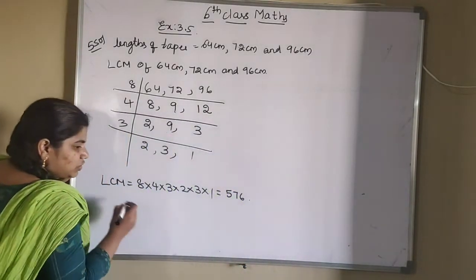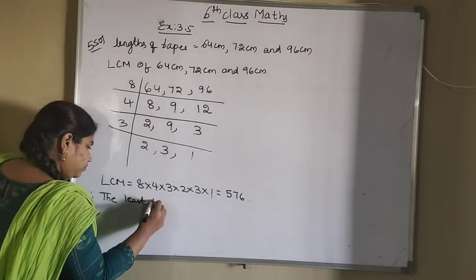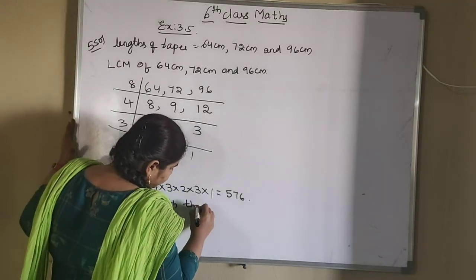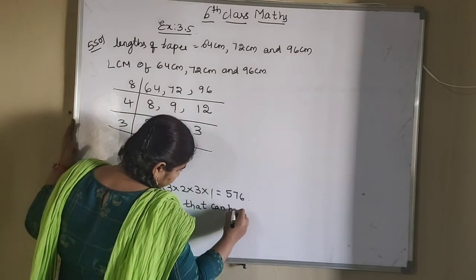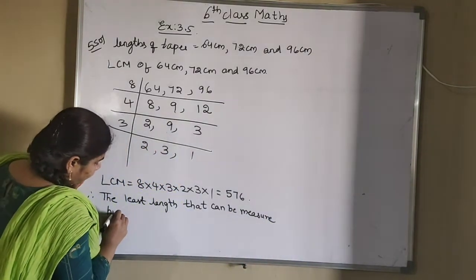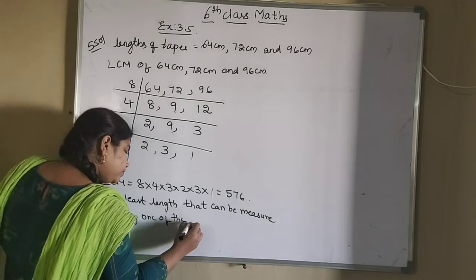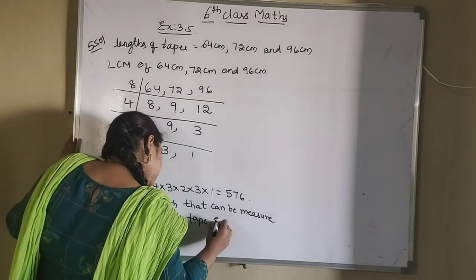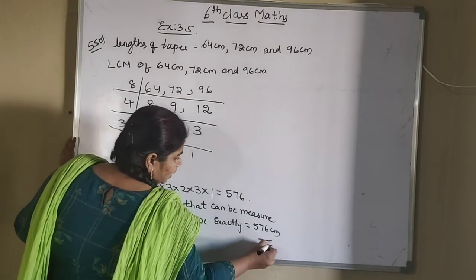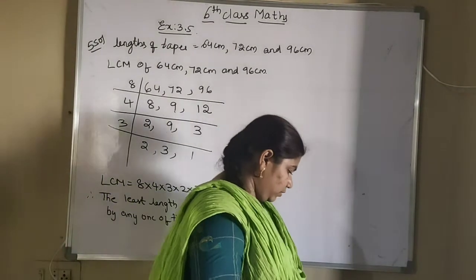So right here, the least length that can be measured by any one of the tapes exactly is how much? 576 centimeters. So this is our fifth solution. Okay, next is the sixth one.